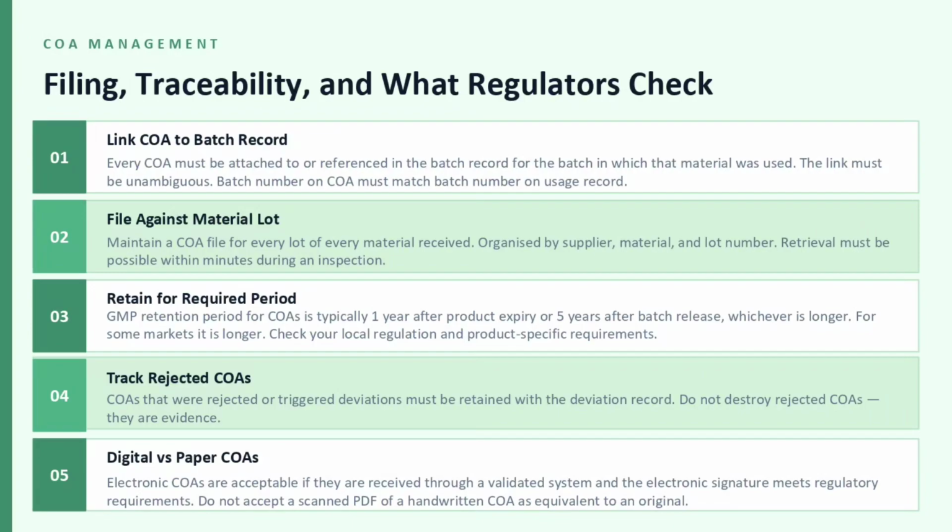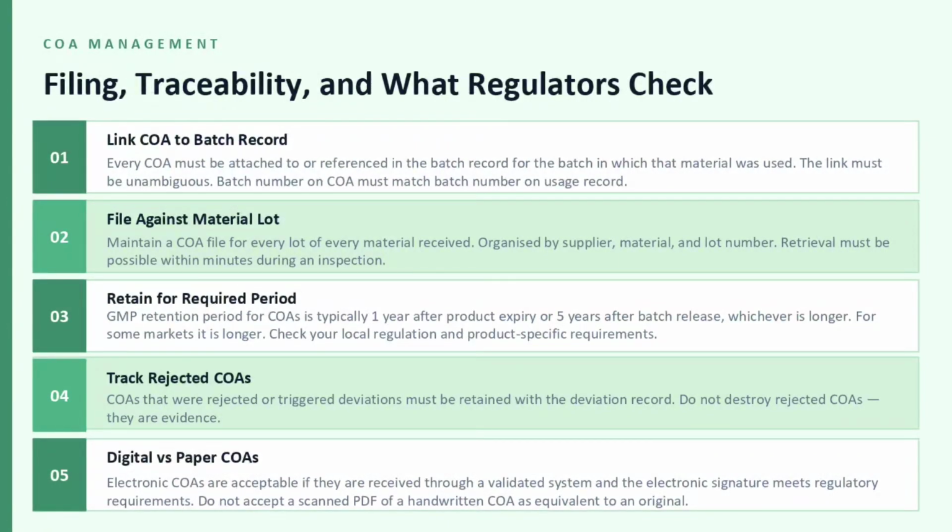Once a COA has been reviewed and the material is accepted, the management of that COA becomes a GMP responsibility. Every COA must be linked to the batch record for the batch in which that material was used. The link must be unambiguous. Auditors and inspectors will trace backwards from a finished product batch record to the raw material lot, to the COA for that lot.